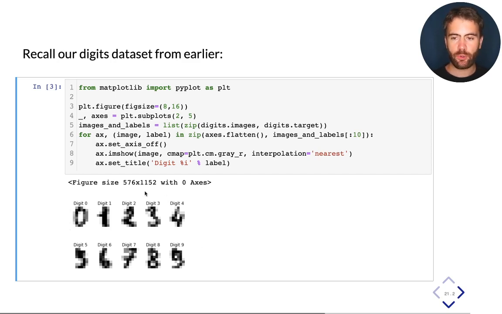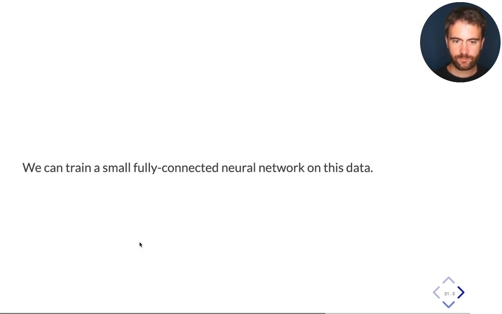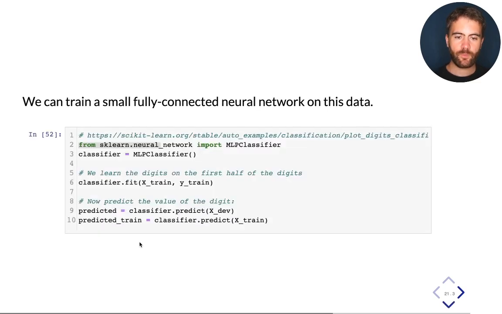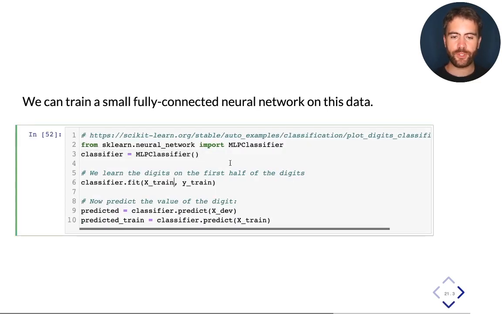And here is an example of every digit. We can train here a small fully connected network from scikit-learn. This is a very, very simple neural network model that comes with scikit-learn, and I'm fitting it here on the training set, and I'm computing predictions on both my development set and on my training set.